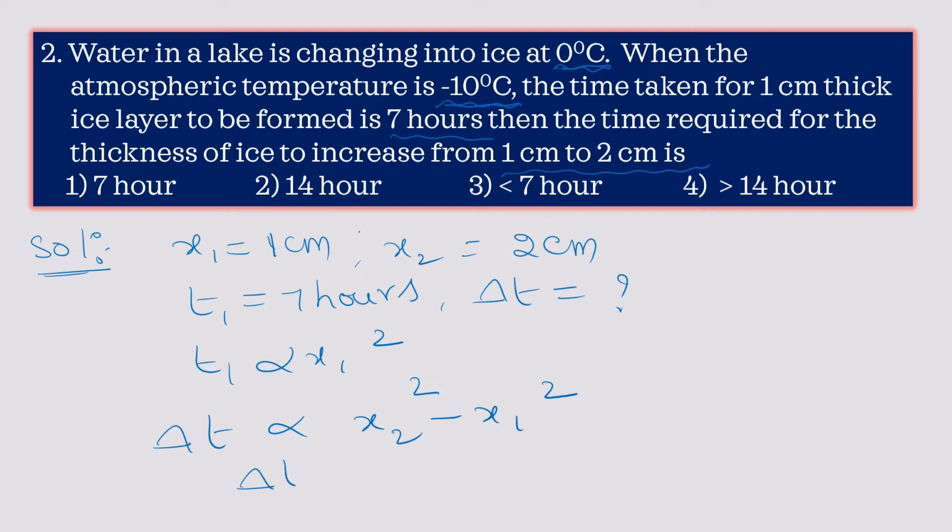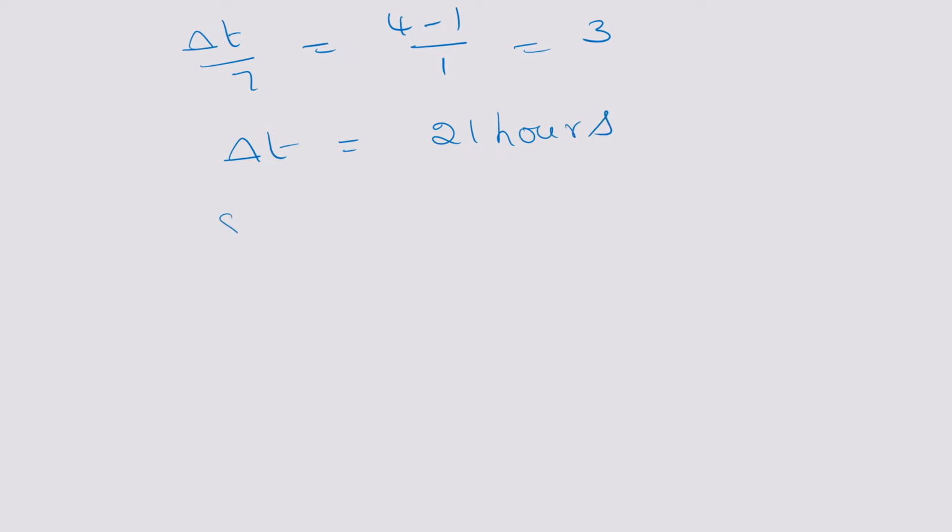So this can be written as delta t by t1 is equal to x2 square minus x1 square by x1 square. Now substituting values, we get delta t by 7 is equal to 4 minus 1 by 1. 4 minus 1 is 3. So delta t is equal to 7 3s are 21 hours. Okay. Next we will go to the next question.